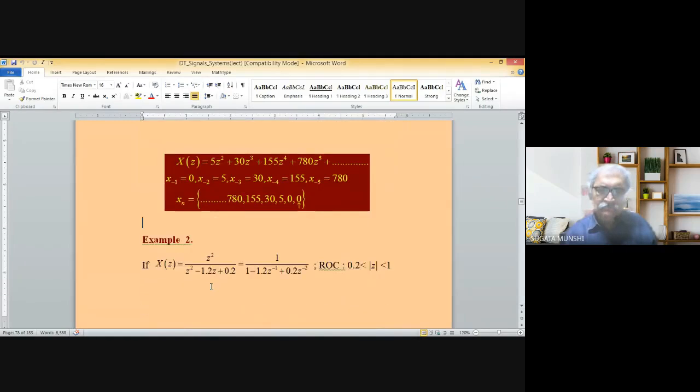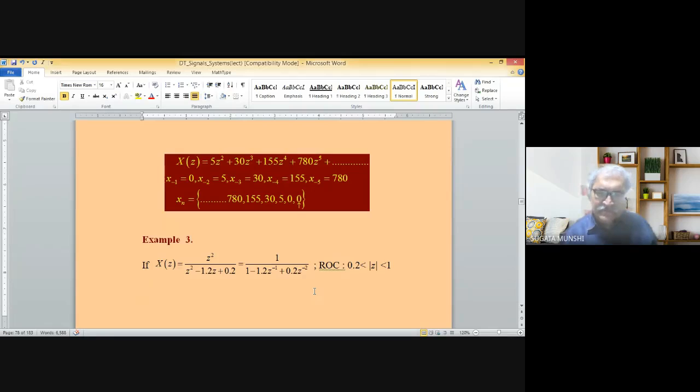Now, the third case will be X(z) having the same expression, but the ROC is a ring-shaped region in the z plane: magnitude of z greater than 0.2, less than 1. What will be the inverse Z transform?